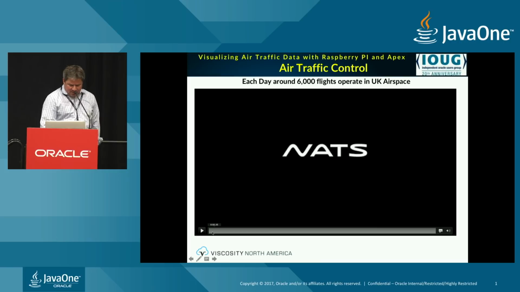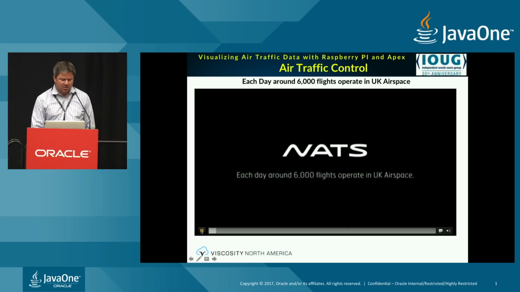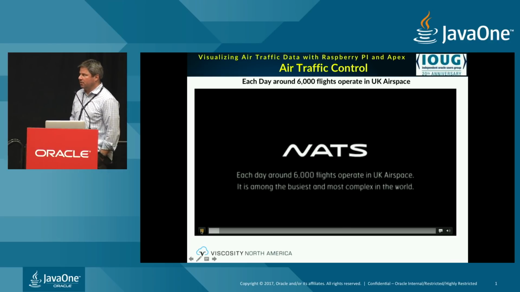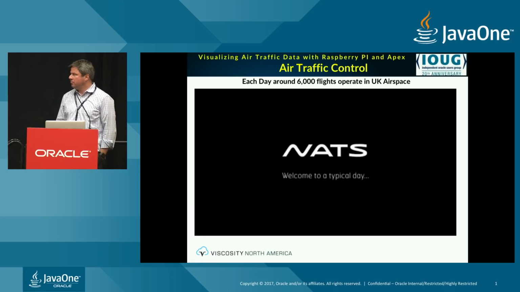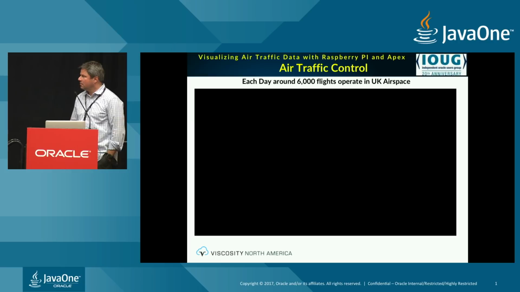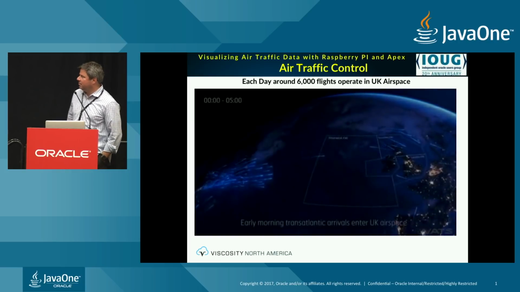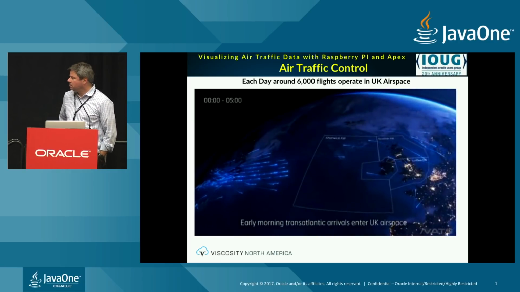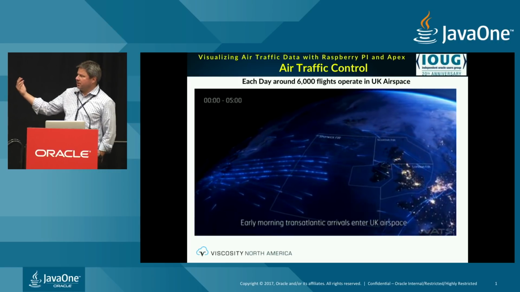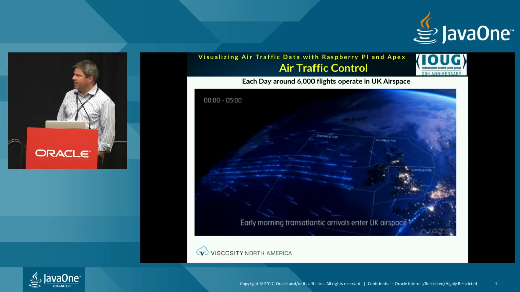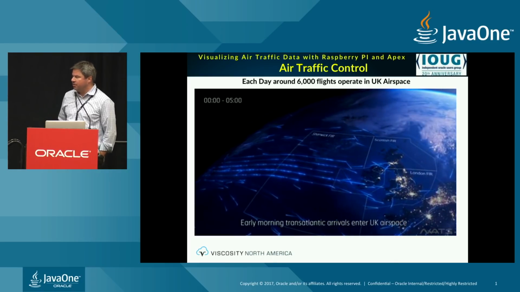So I just want to play a video that went viral on YouTube, and it has a really well done visualization, just to give you an idea of what air traffic looks like. Is there any sound? There should be. So early morning, we have this whole train of airplanes coming from the U.S. right over to London.